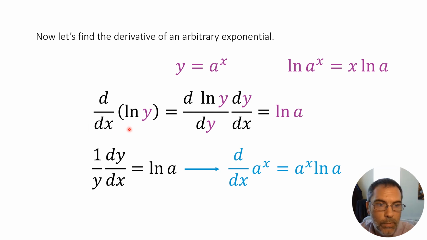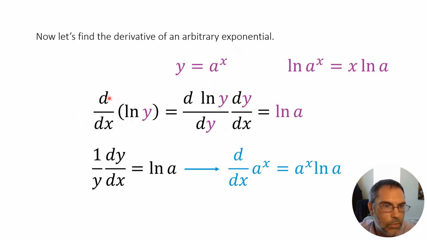So we use this fact in this analysis. And now let's do what we were doing on the previous slide, which is taking the derivative of log y. But this time y is not e to the x, it's a to the x. It could be anything. So we're going to use this same trick, the inverse function theorem, but now that we know the derivative of natural log, the derivative we don't know is the derivative of a to the x, and we can use this expression to figure it out.